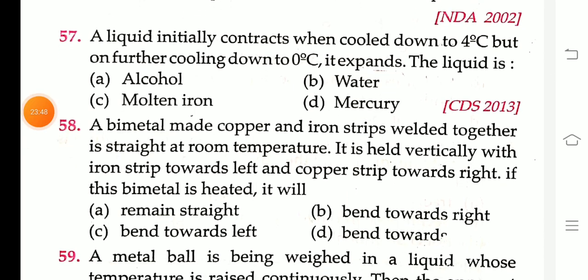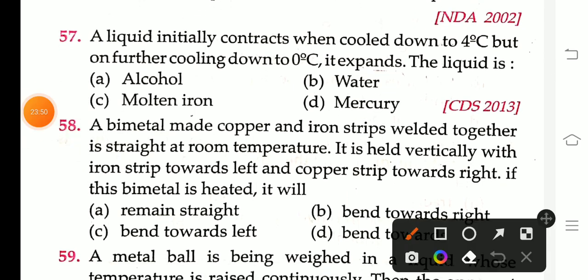Next, a liquid initially contracts when cooled down to 4 degrees Celsius, but on further cooling down to 0 degrees Celsius, it expands. The liquid is, right answer will be option B, water.